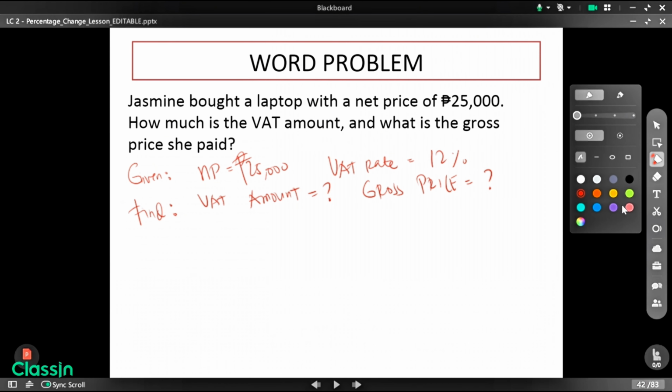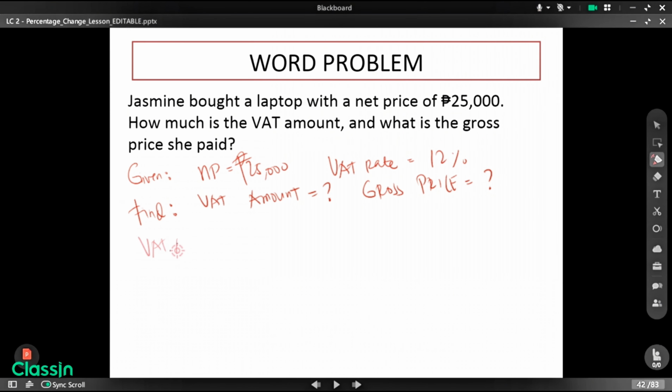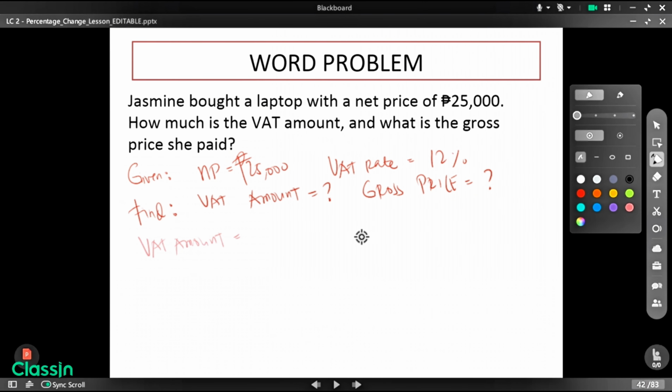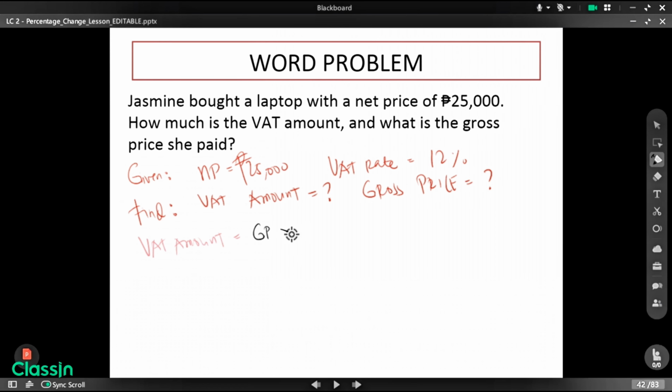Let's start with the VAT amount. For the VAT amount, we just need to multiply the net price times the VAT rate.